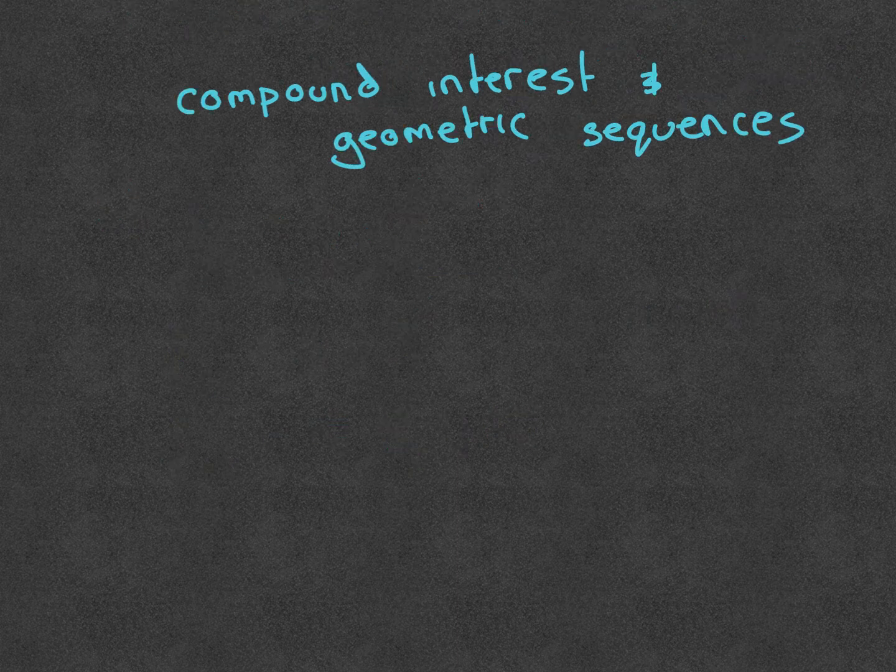So what we can also look at now is the relationship between compound interest and a geometric sequence. And if we look at the equation that we use for compound interest, it's actually the same equation that we use for our geometric sequences, because compound interest is calculated each year or each interest term. And at the end of that interest term, the new interest for the next term is calculated based on that final amount.